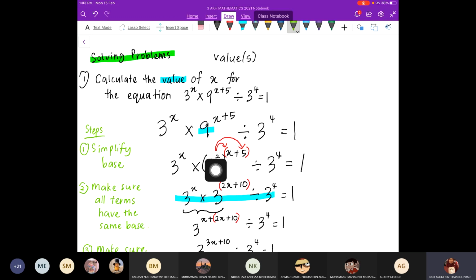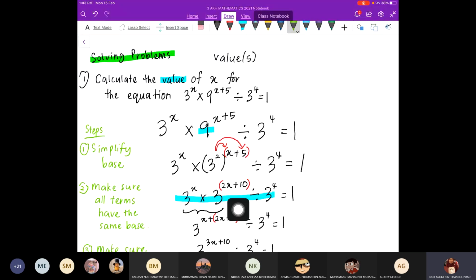And then since kita punya index kat sini ada tambah tolak, kamu kena letak bracket untuk x plus 5. So bila letak bracket, when you want to expand, kita nak eliminate bracket, so kita kena expand 1 by 1. So dia akan jadi 2x plus 10.